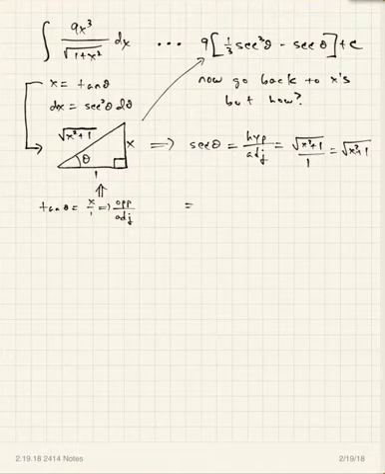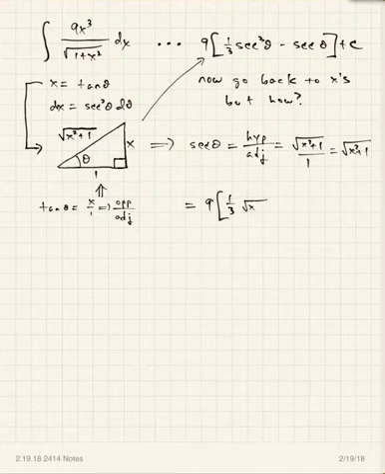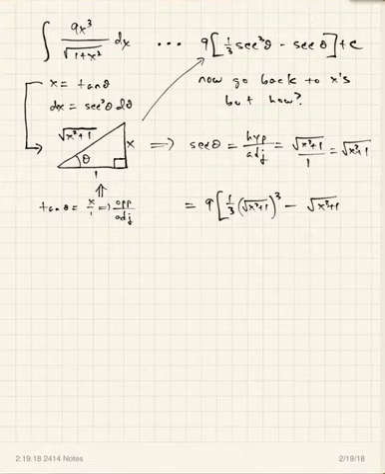And so our antiderivative becomes 9 times 1/3 secant cubed, but secant is the square root of x squared plus 1, so this would be the square root of x squared plus 1 cubed, minus secant theta, which would just be the square root of x squared plus 1, and then plus a constant.